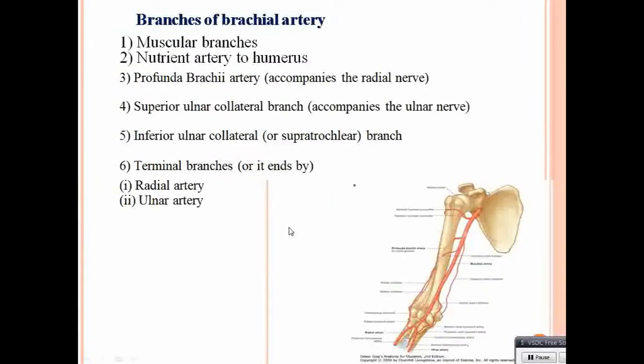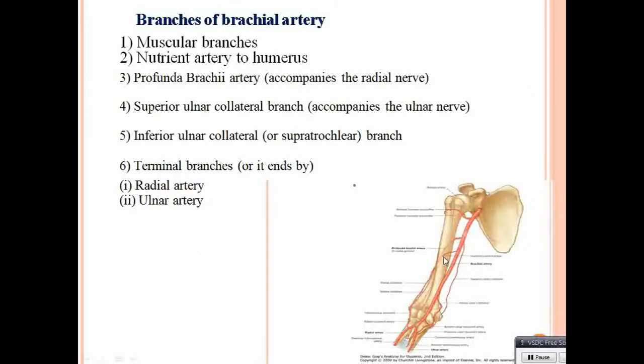Now let's see the branches of the brachial artery. Muscular branches are given to the nearby muscles. Nutrient artery to the humerus pierces the bone and enters the medullary cavity. The nutrient artery can be seen here passing through the nutrient foramen.